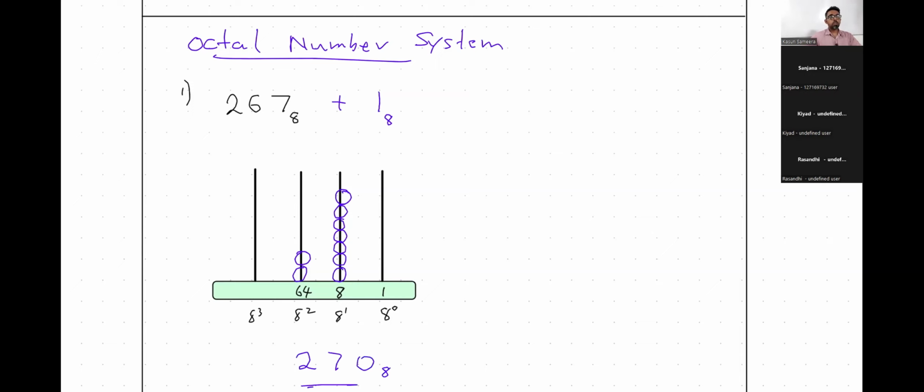Okay. After 2, 6, 7, the next number in the octal number system is 270, not 268, because 8 is not a symbol in octal. Did you get it? Okay. This is important.